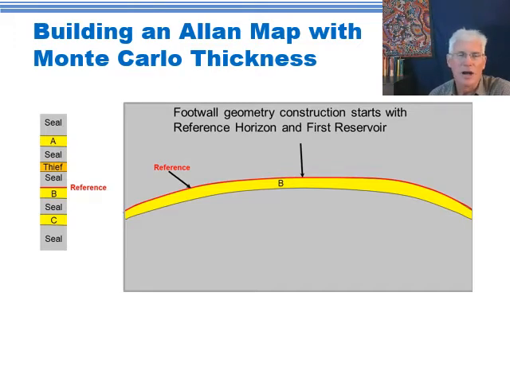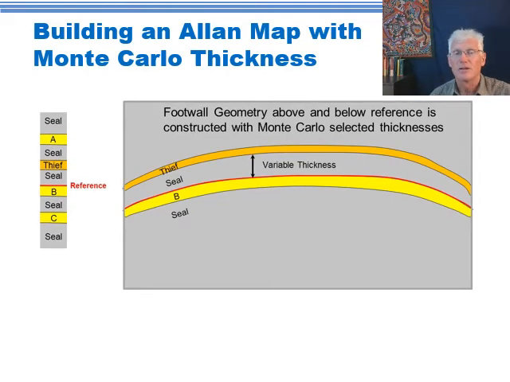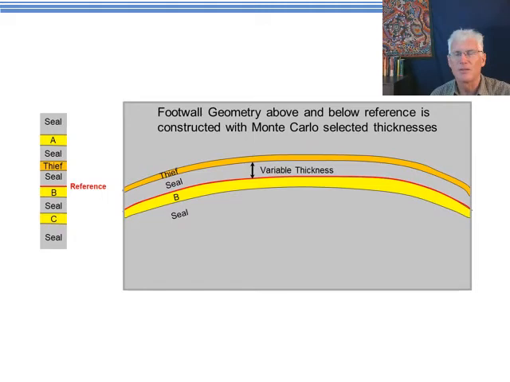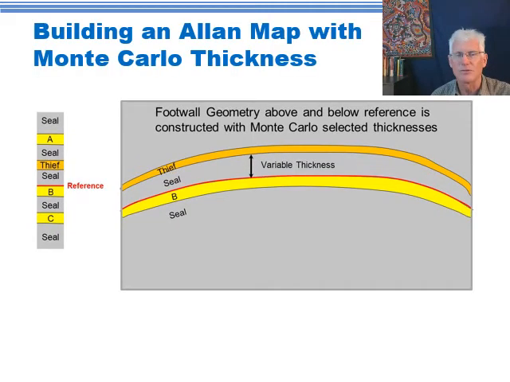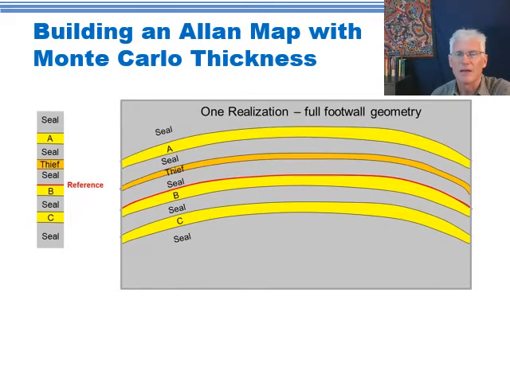And then we would work upwards and downwards to construct the footwall geometry, or what's actually touching or intersecting the fault. So we would apply variable thicknesses of, say, the seal units and the thief zones and any reservoirs to create eventually a full footwall geometry of the reservoirs, the thief zones, and the seals. So that's just one Monte Carlo instance in this case.